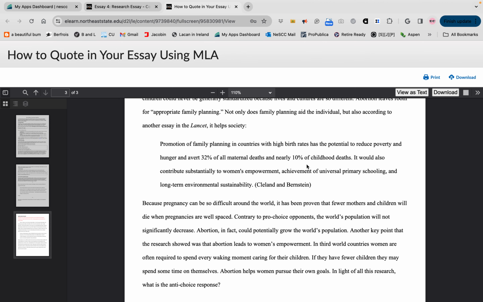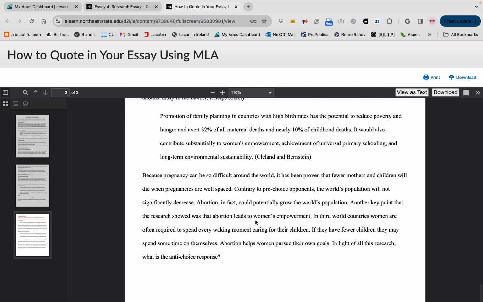Same principle here. This is a block quote, which again, we'll discuss later, but the presence of this citation and this signal phrase indicates that this is also borrowed material. This is not original content produced by the person who wrote this. But because I do not see any citations here, that indicates that all of this is analysis and development by the person who wrote this.